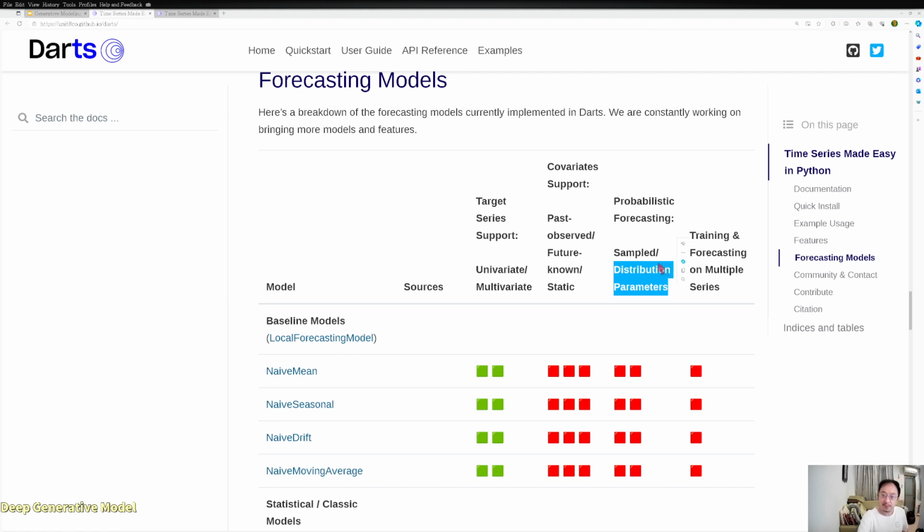Another case is where you don't directly or explicitly have this information. However, it's like a generative model: by sampling the model, because it is non-deterministic, it's a probabilistic model.